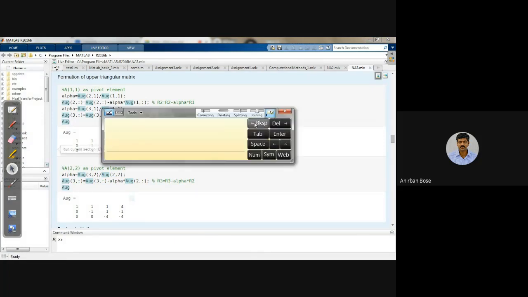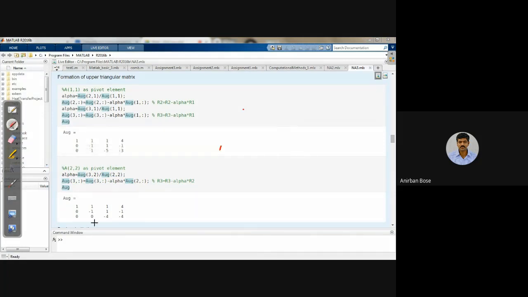As you can see, now it has become upper triangular, because now these three quantities are 0. Now it looks exactly like minus 4x3 is equal to this, minus 1x2 plus x3 is equal to this, in that way. So by simple back substitution we can find x1, x2, x3.